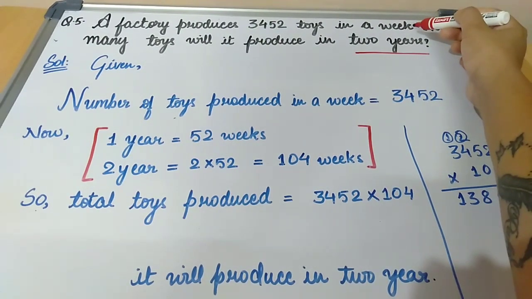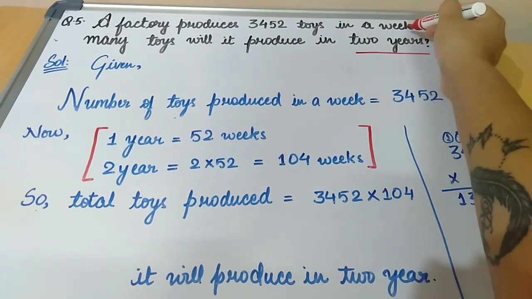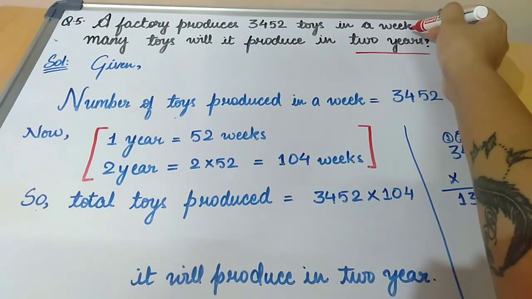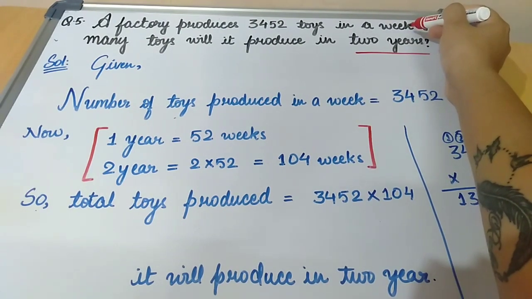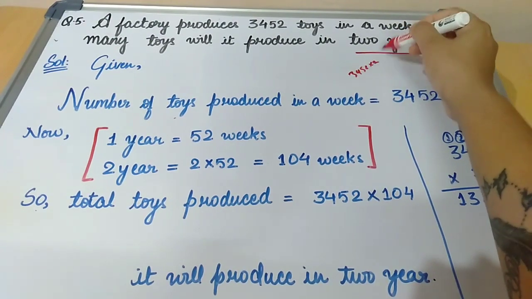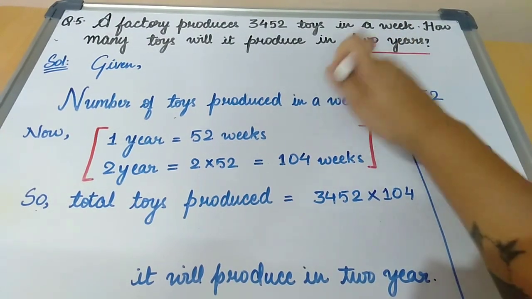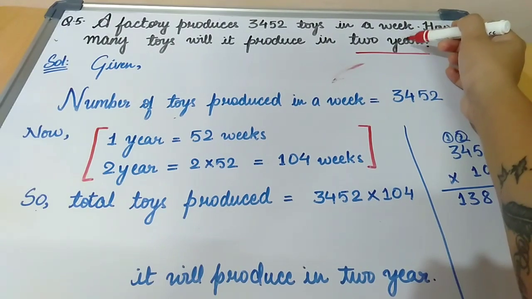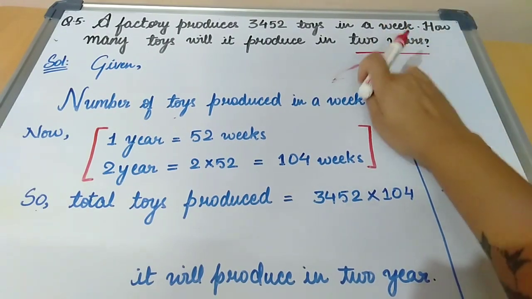So what we have to do, we have to see here it is given toys produced in a week, not in years. So you cannot directly multiply 3,452 by 2. Okay, so what you have to do, you have to first convert years into weeks.